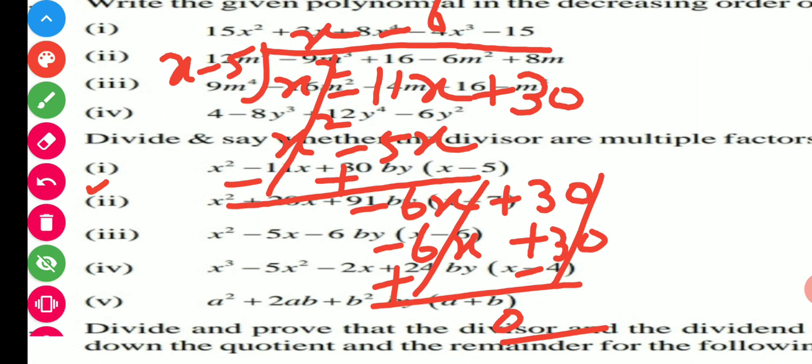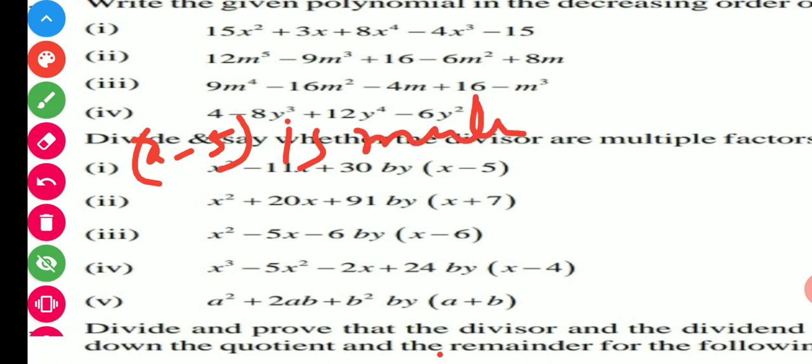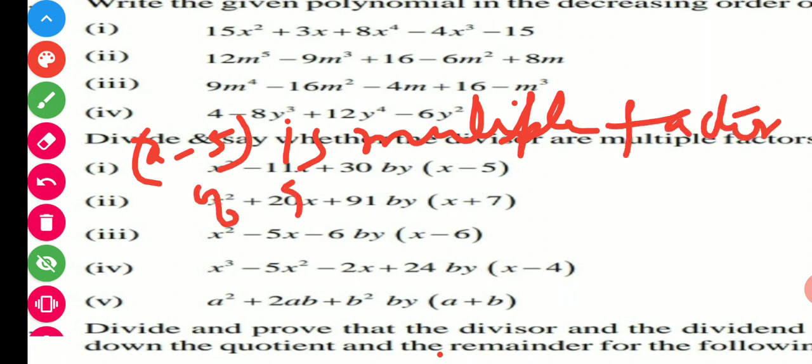So you can write, x minus 5 is a multiple factor of the given polynomial.